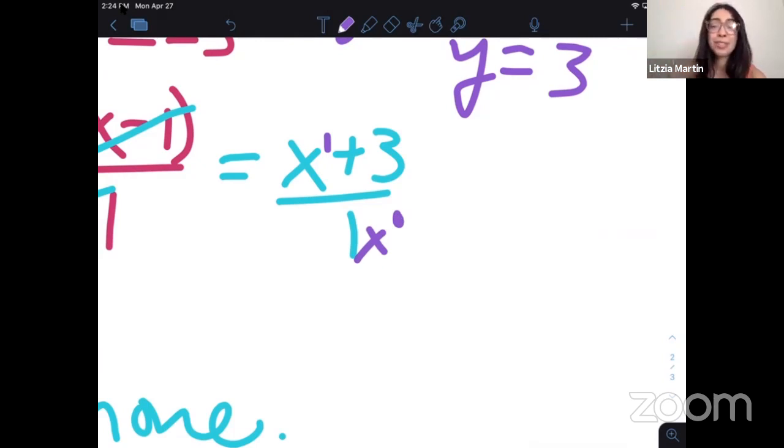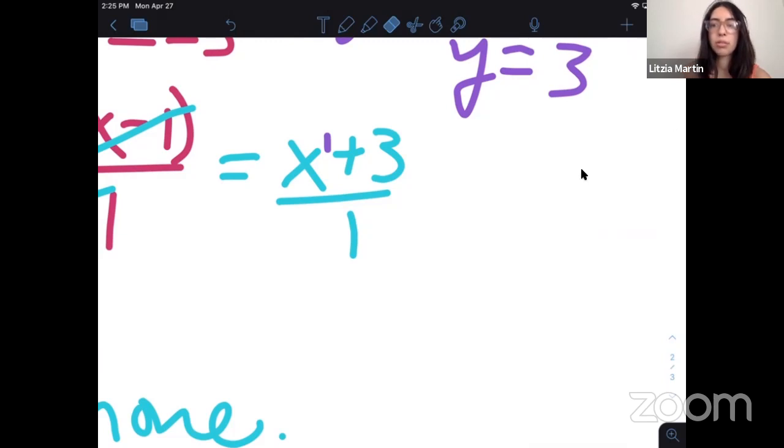So it's still top heavy, which would technically mean it's a slant asymptote, but because this is a line, right, there is no way for there to be a slant asymptote.